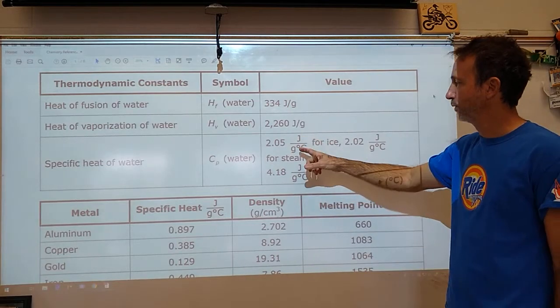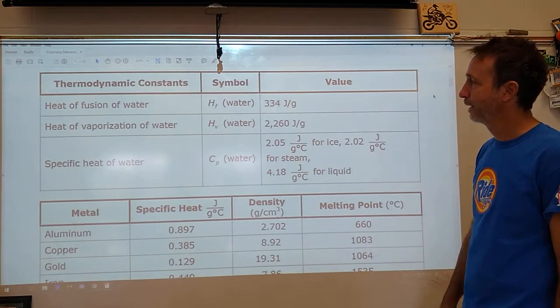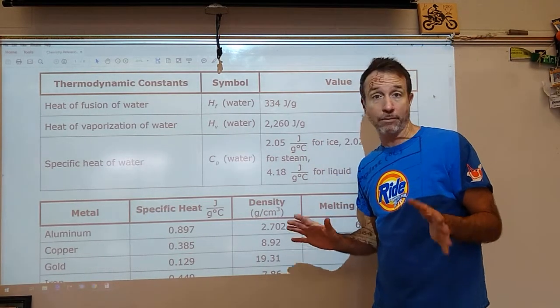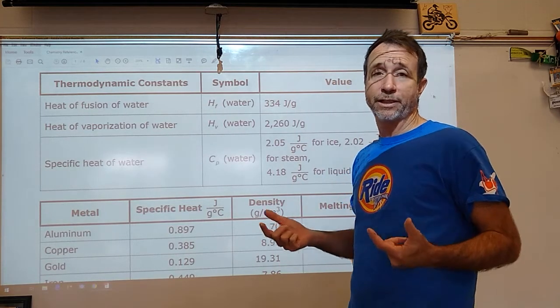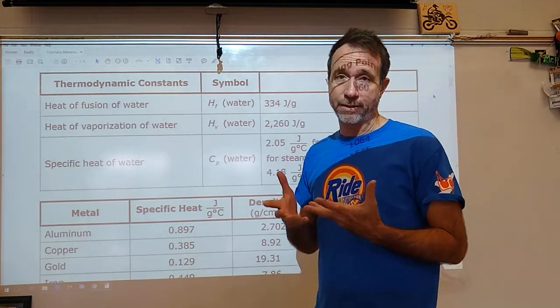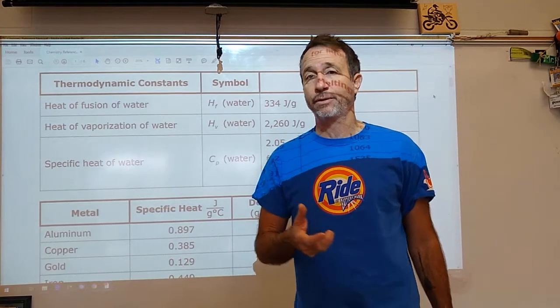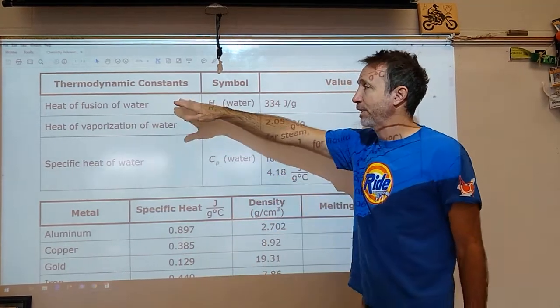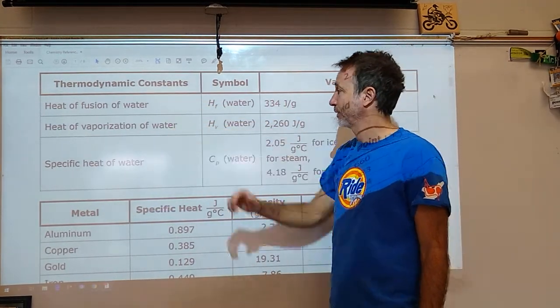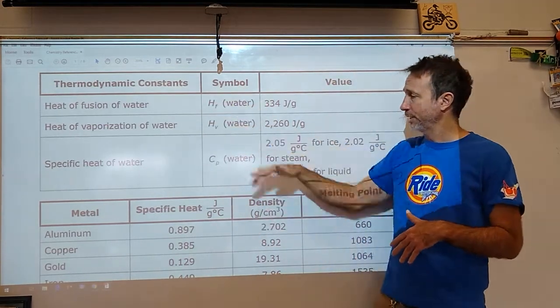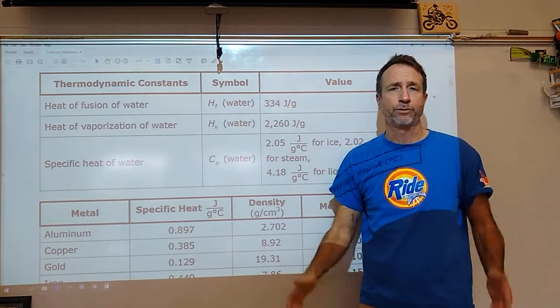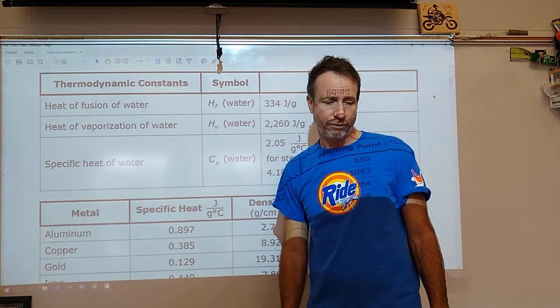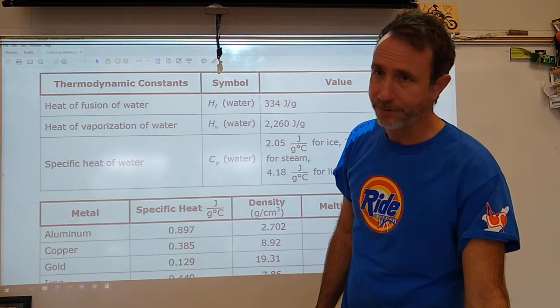And these are joules per gram, all right? And I know we haven't talked about joules much, but joules are energy. And joules are a way we can measure the energy that's coming out of the hot plate, okay? Up here we have the heat of fusion of water and the heat of vaporization of water. And I'm purposefully not talking too much about this stuff because I want you to make your own assumptions and your own guesses, okay?